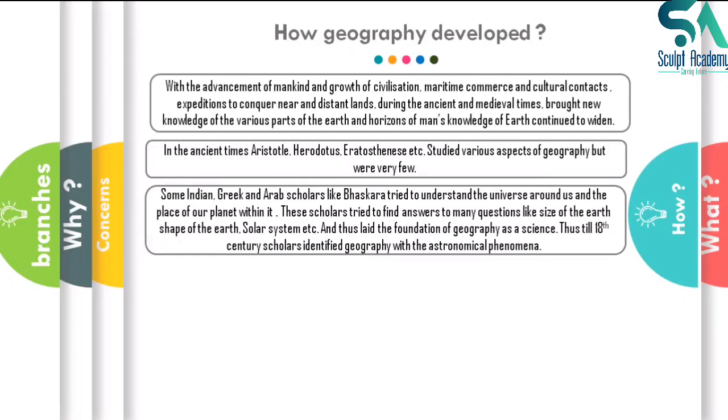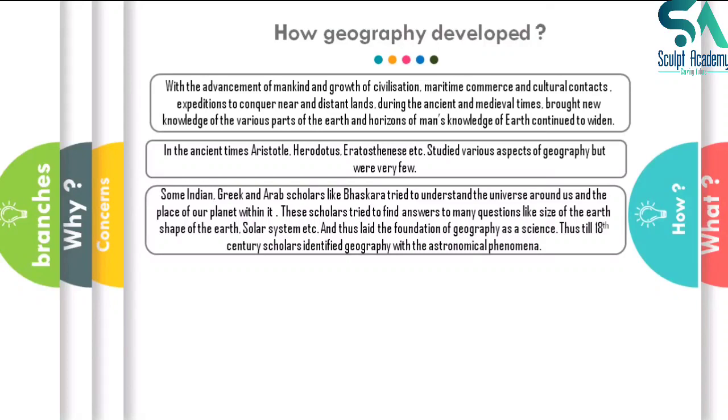These scholars tried to find out the answers to many questions like what is the size of Earth, what is the shape of Earth, what is the solar system, how did the solar system evolve. Many such questions were in their mind, and they found answers for these, and thus this all laid the foundation of geography as a science.